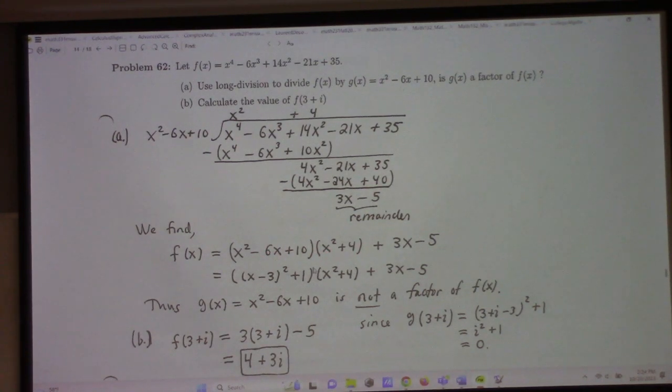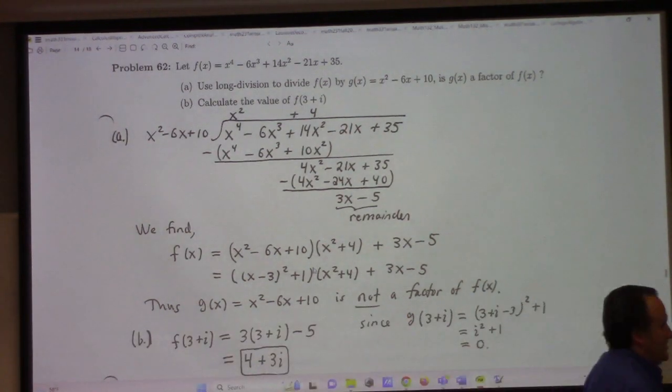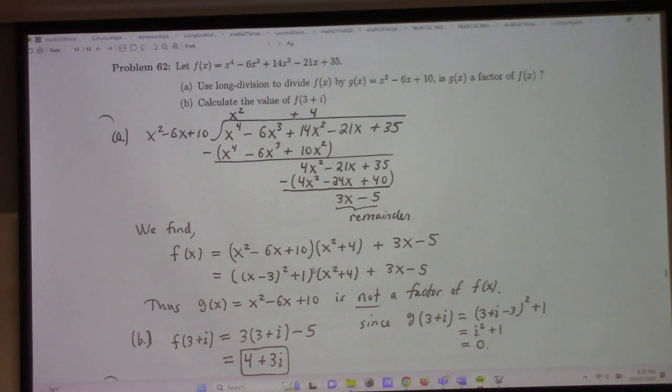So you notice there's 2 different ways to look at the long division answer. The one is like I have here, but just to go back to my made up example, we could also write this as 5x to the 4th plus 3x squared minus x plus 10 is equal to 5x squared minus 12 times x squared plus 3 plus the remainder.